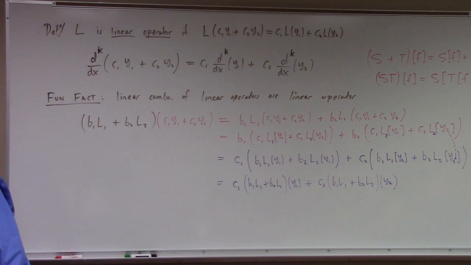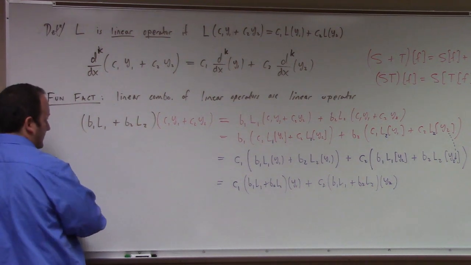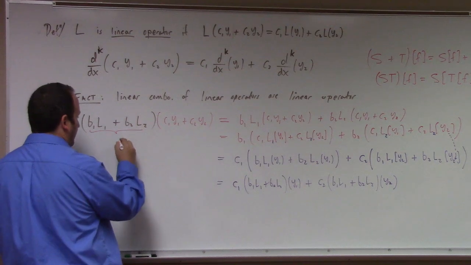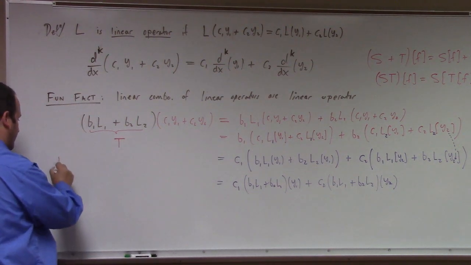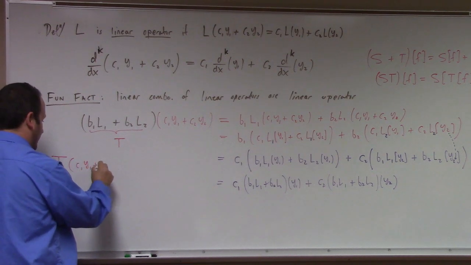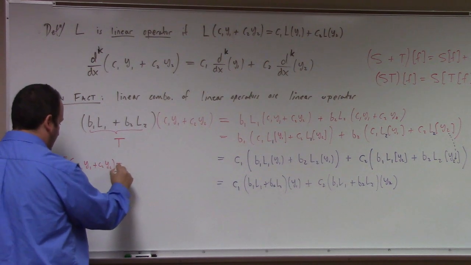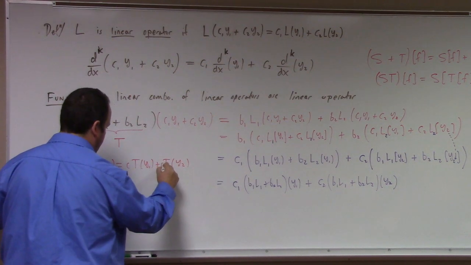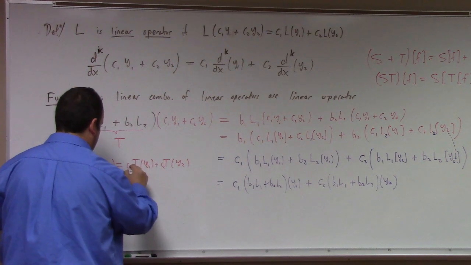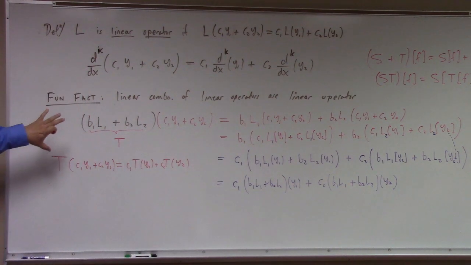And that shows what I'm trying to show, which is that if we think of this as being an operator, let's say T, what this calculation shows is that T of C1Y1 plus C2Y2 is C1 T of Y1 plus C2 T of Y2, which shows you that, in fact, this T is itself a linear operator, which was my claim. If we take a linear combination of linear operators, we have a linear operator.